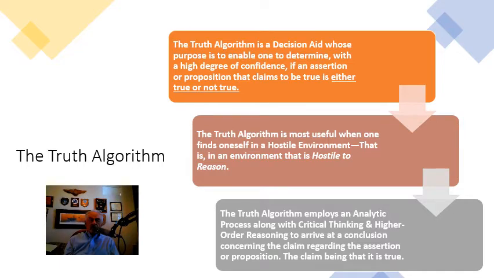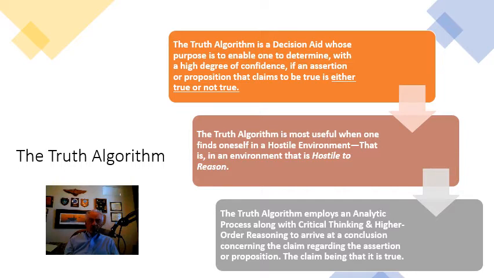The truth algorithm is a decision aid whose purpose is to enable one to determine with a high degree of confidence if an assertion or proposition that claims to be true is either true or not true.